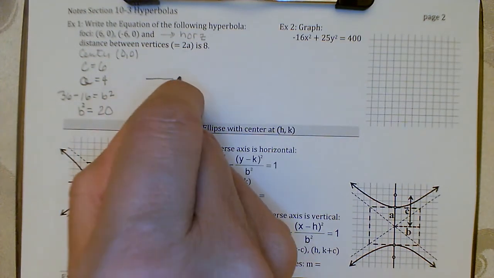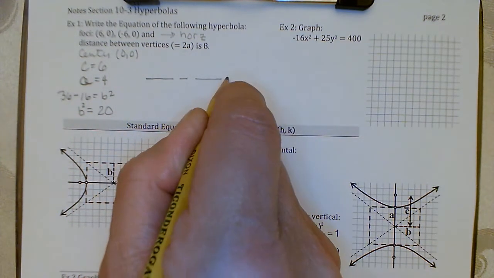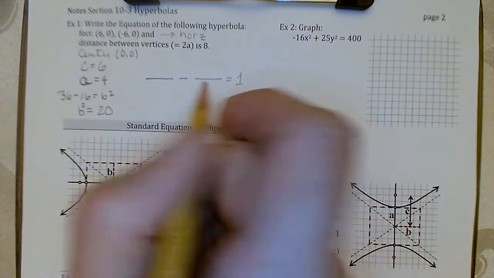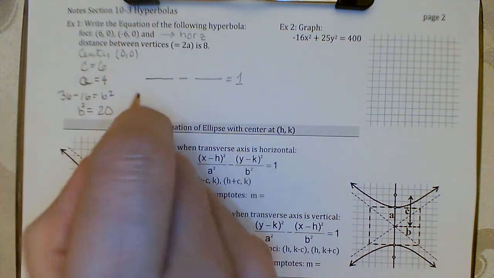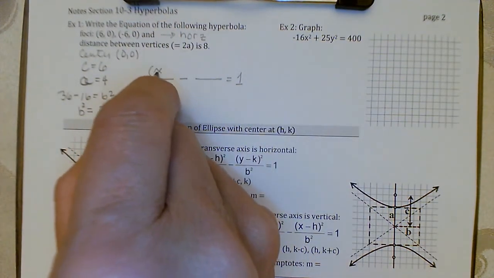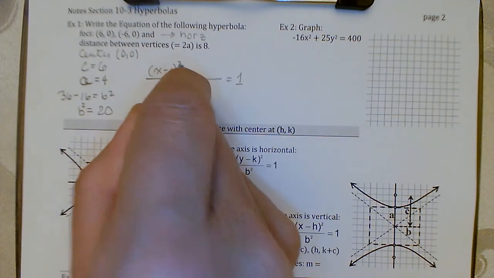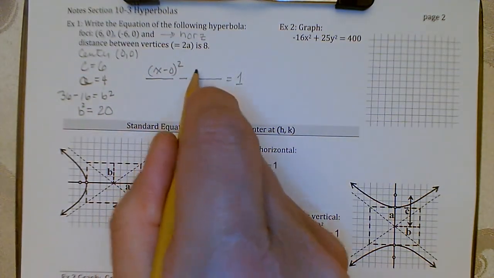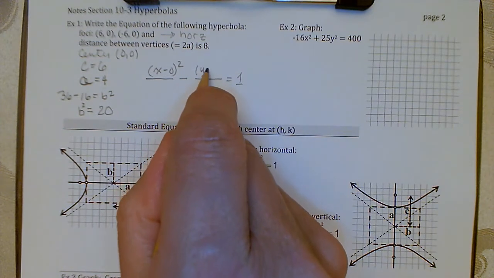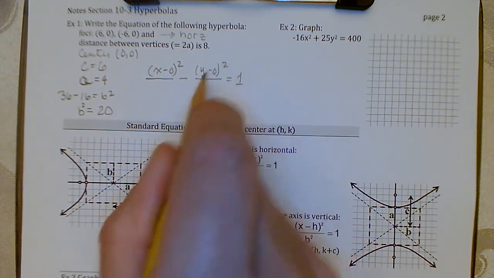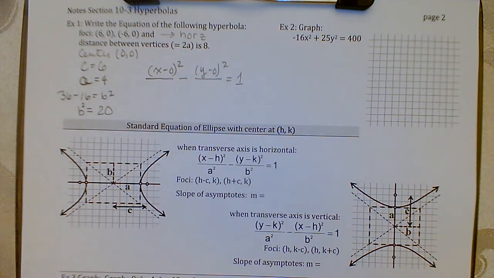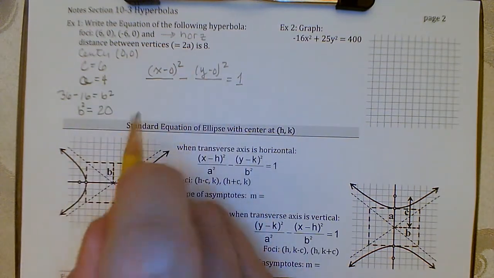And so our formula is going to look like this. In this case, it's horizontal, so I know my x is here. I'm going to write x minus 0, or you could just say x squared. And then this is going to be y minus 0, or again, could just be y squared, but this is sort of a more generalized formula.